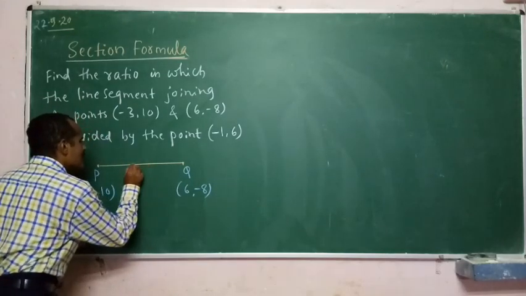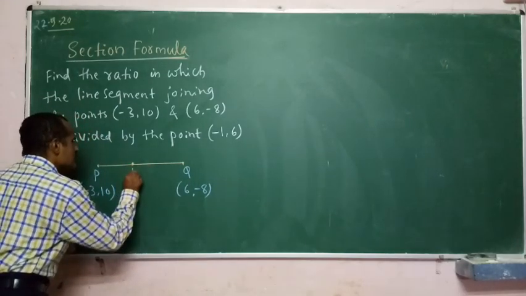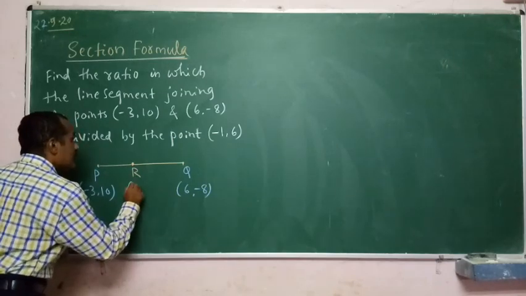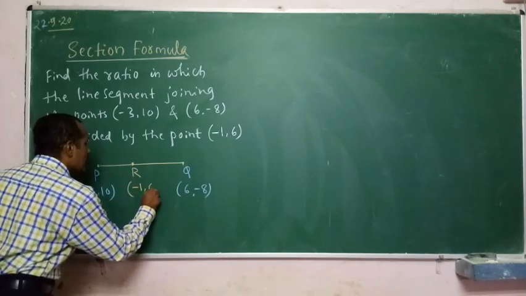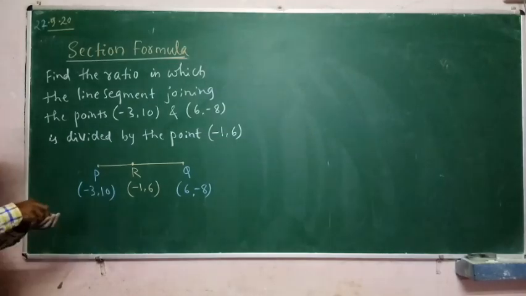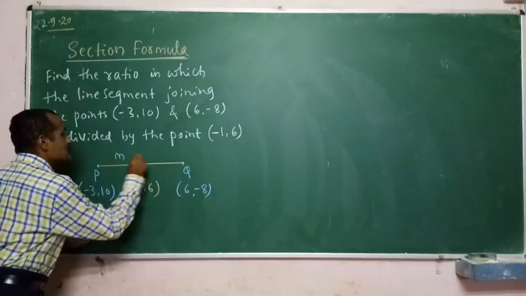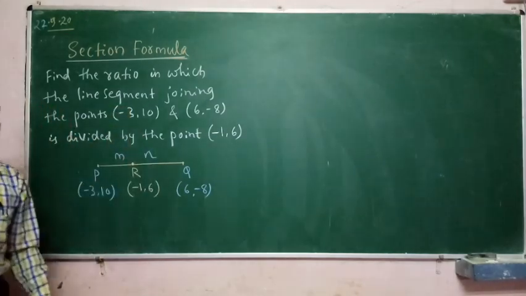I will call this point R, whose coordinates are minus 1 and 6. What is to be found? M is to n has to be found.